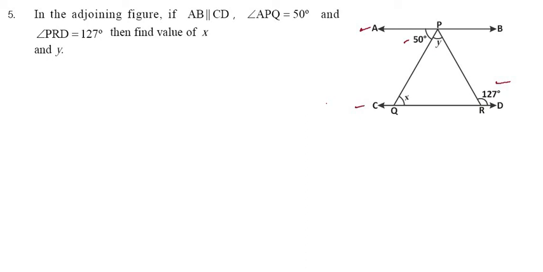So let us see how we can do it. First of all, you can write AB parallel to CD, and you can say PQ is a transversal line.